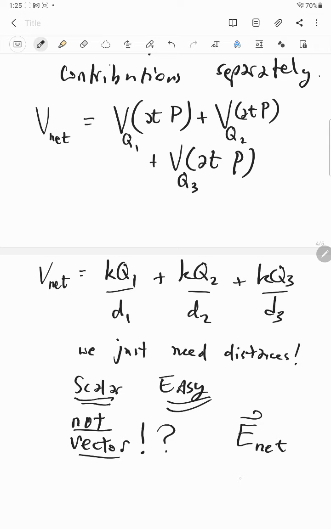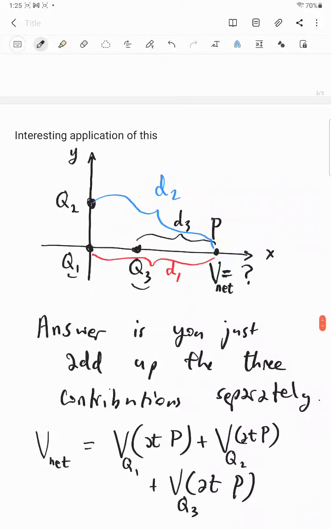You had to add the vectors as vectors. But for the electric potential, it turns out that you can ignore the directions. It only matters the separation distances, not the directions, in order to calculate the potential. So we just need distances, right?